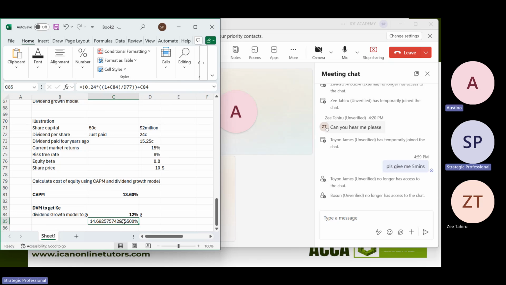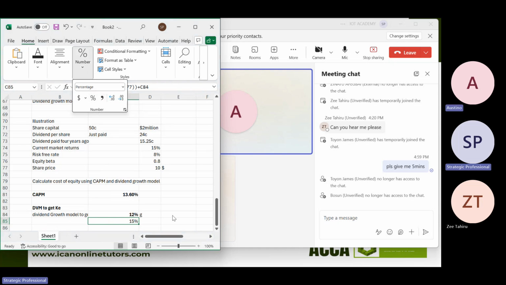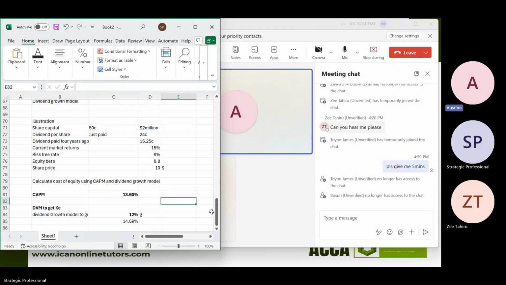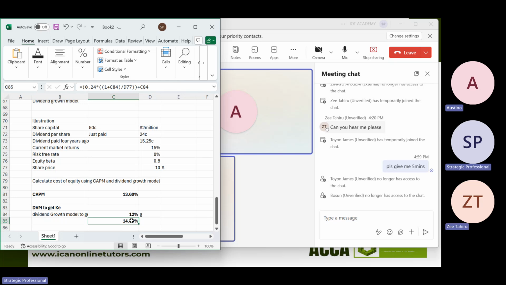So let's see what we have done wrong here. Okay, so this 14.69%.